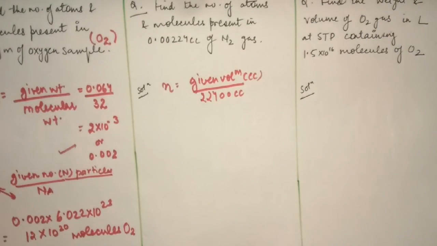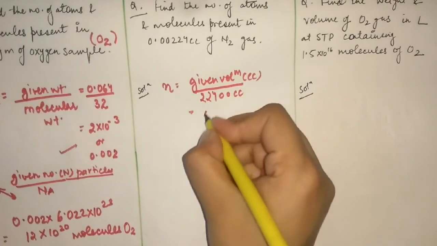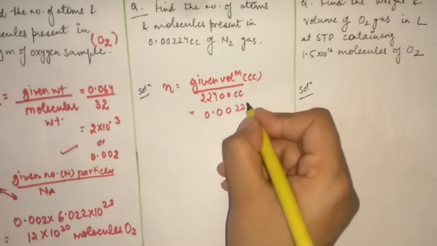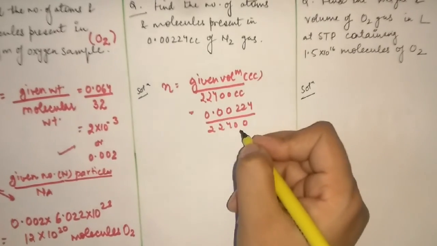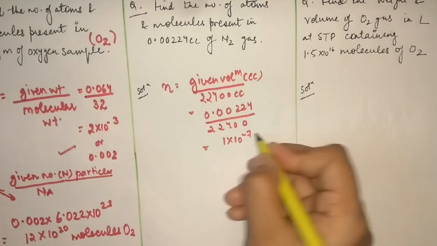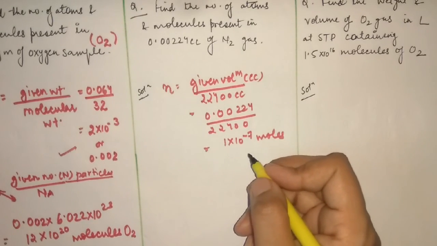If it were in liters, I would have divided by 22.4. Yes or no? So 0.00224 divided by 22400 will come out to be 1 into 10 raised to minus 7 moles. You can divide and easily calculate this.